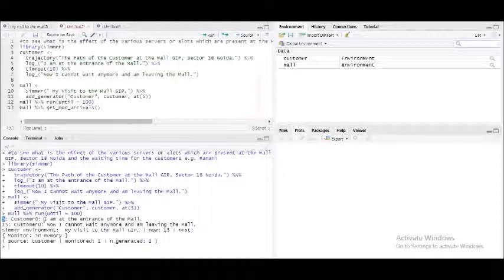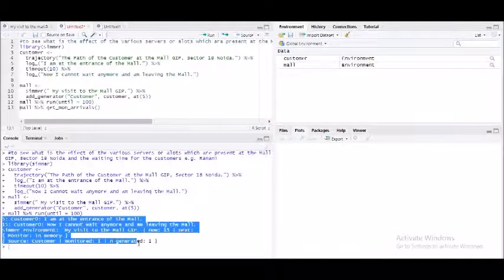For them, the first instance would start off at 0. So 0 does not mean the 0 that we usually talk about. It means here the first customer. So at the 5th minute, customer 0 says, I am at the entrance of the mall, which we have seen.